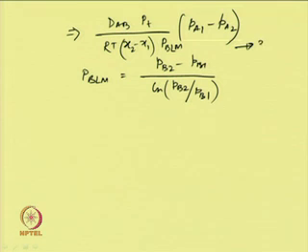So, this is the flux equation of a component A through non-diffusing B, and also we have seen steady state equimolar counter diffusion.